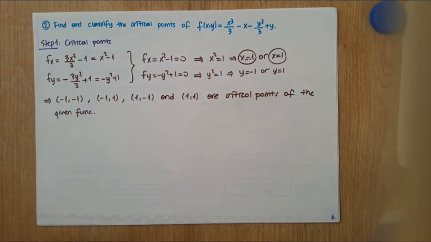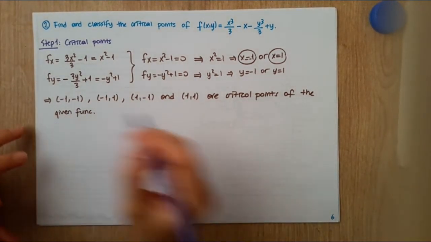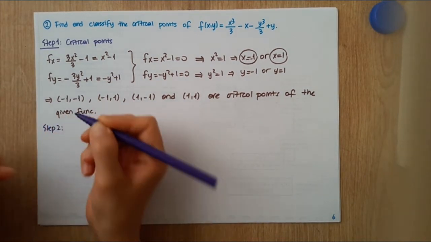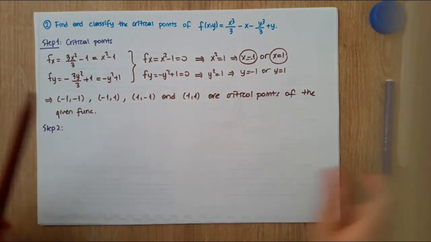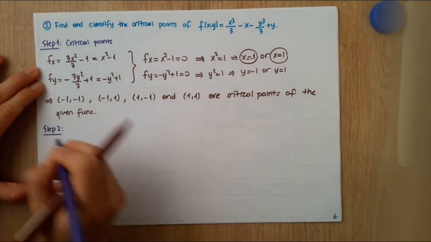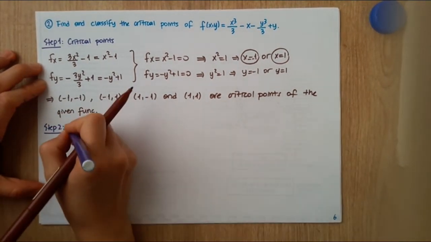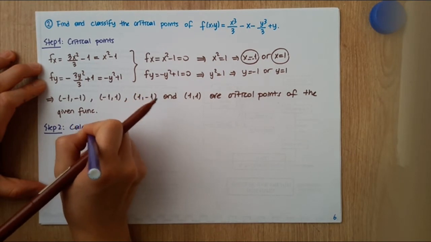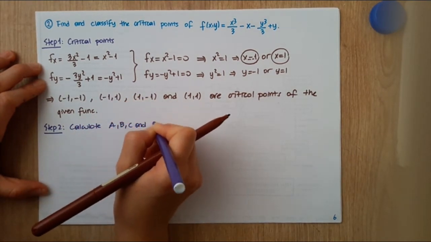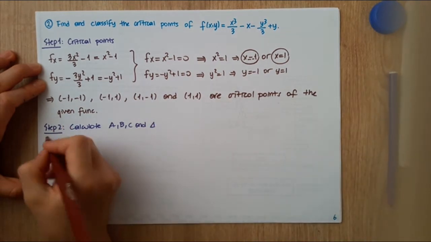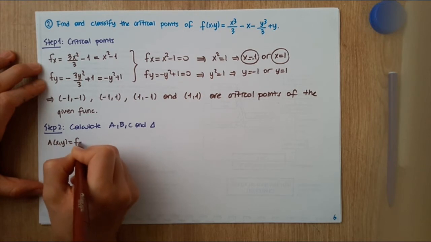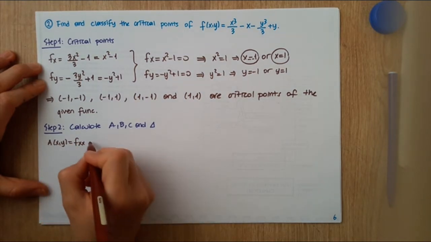So now it's time to calculate A, B, C, and delta. Step 2: calculation of second derivatives. A(x,y) is the second partial derivative of this function with respect to x.